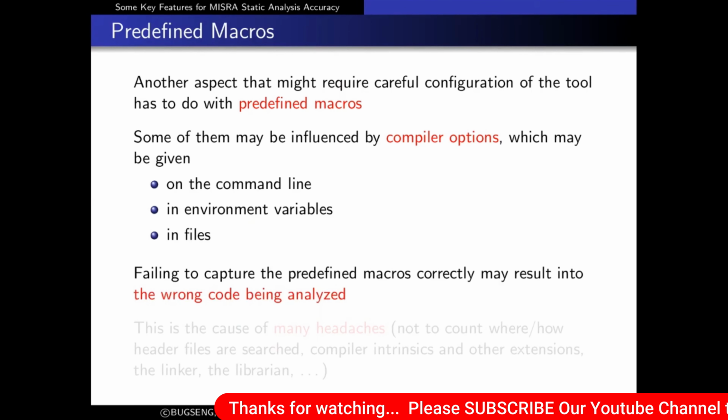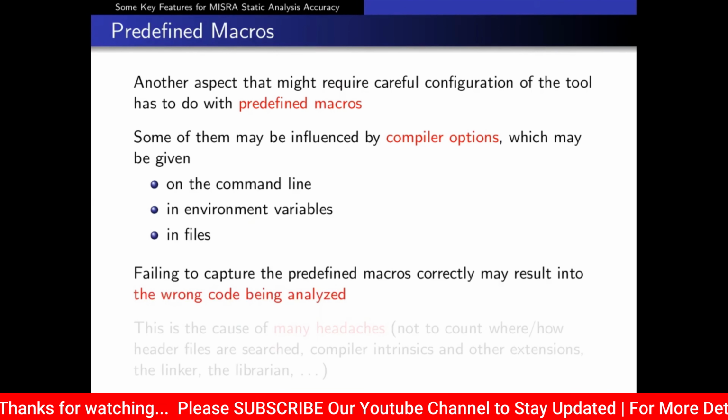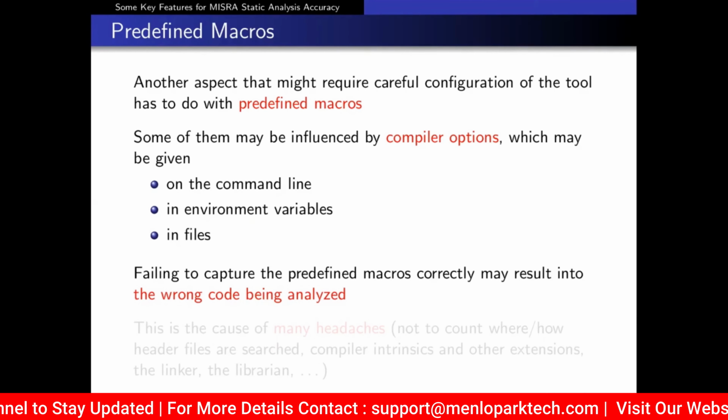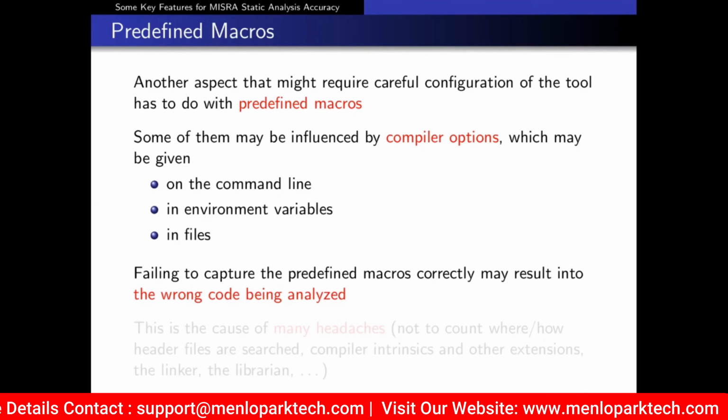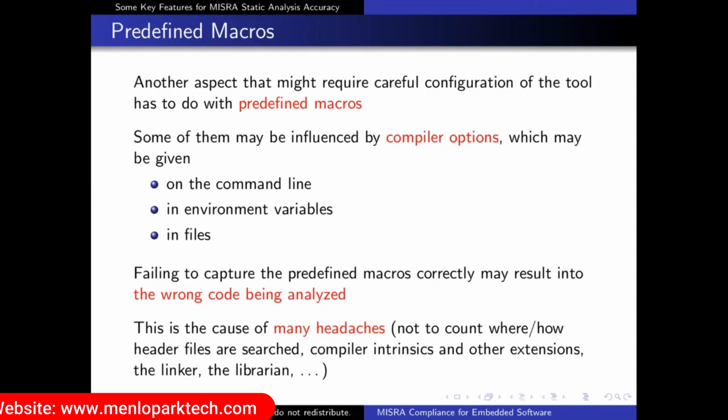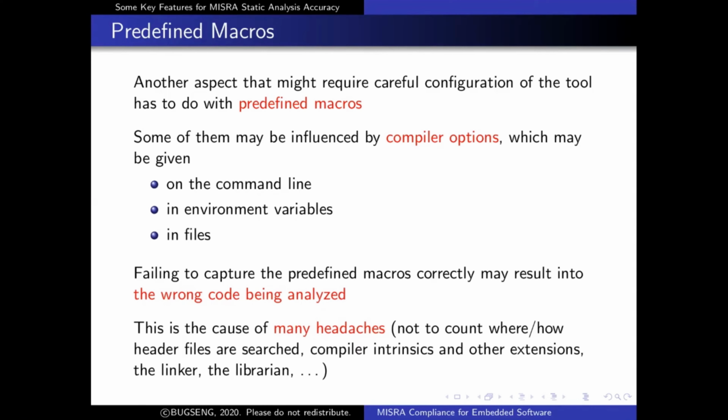If you fail to capture the predefined macros correctly in the static analysis tool, you may very easily have the wrong code being analyzed. In our experience, in the competitive evaluation we made with Eclair against other tools, we very often found that the other tool was not correctly configured.